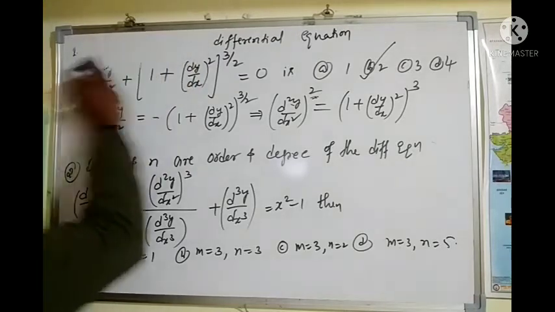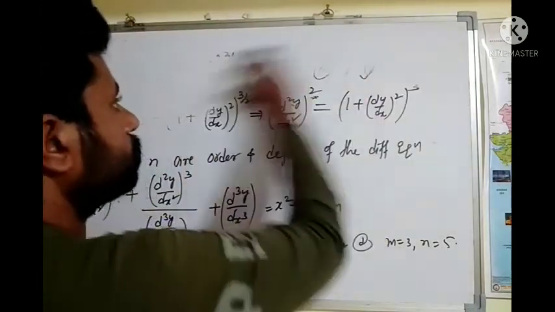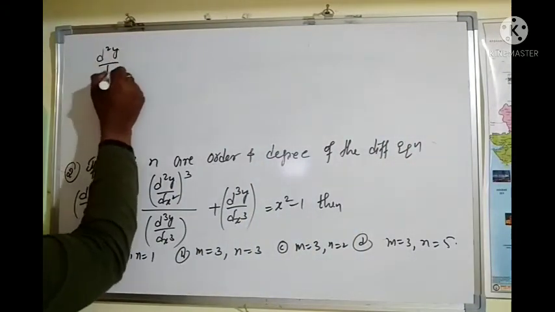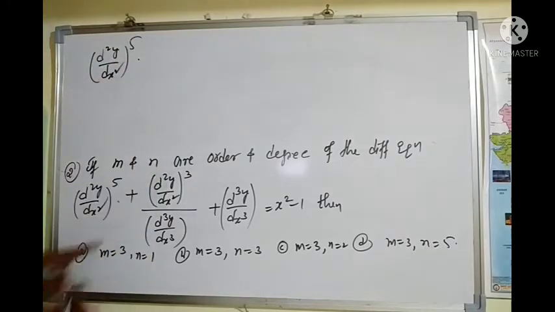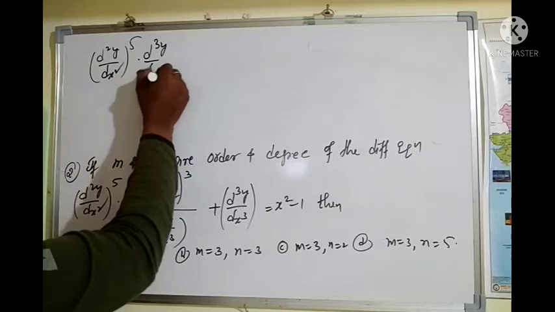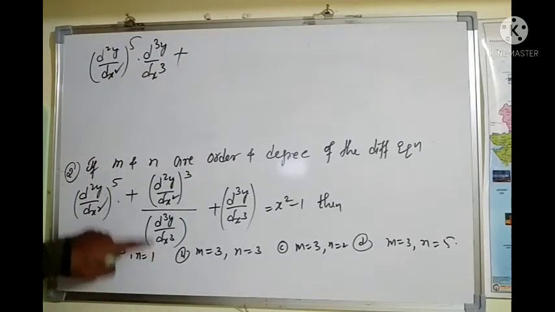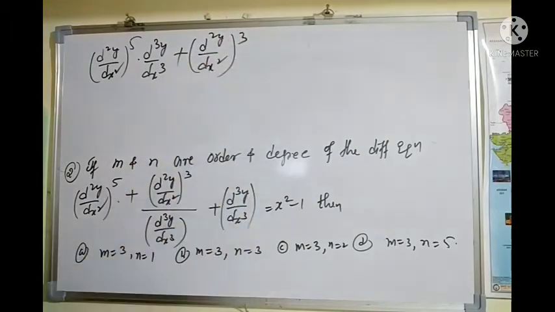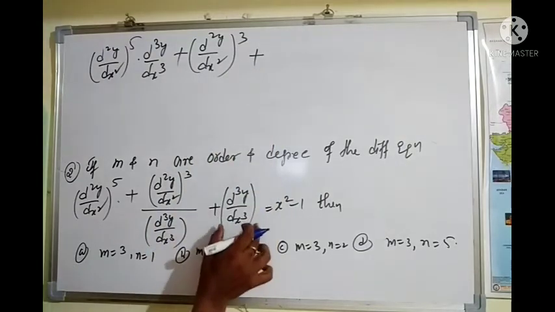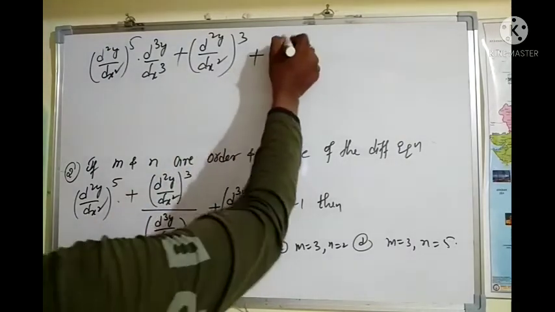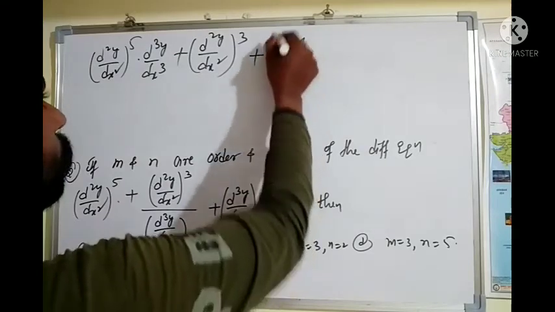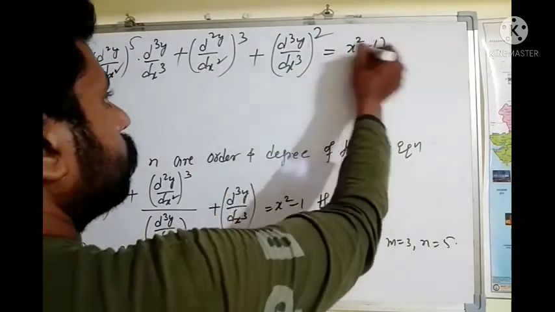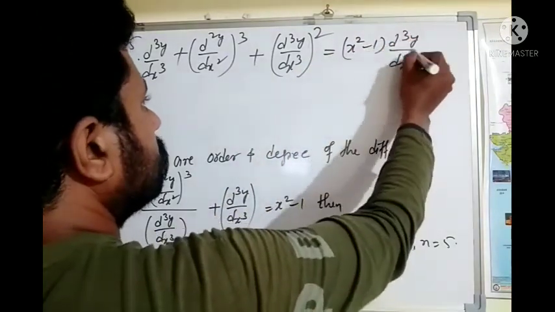In the first term, we get (d square y by dx square) to the power 5 into d cube y by dx cube, plus the second term, where d cube y by dx cube gets cancelled, we get (d square y by dx square) to the power 3, plus d cube y by dx cube into d cube y by dx cube, that is (d cube y by dx cube) whole square, is equal to (x square minus 1) into d cube y by dx cube. We get this result.